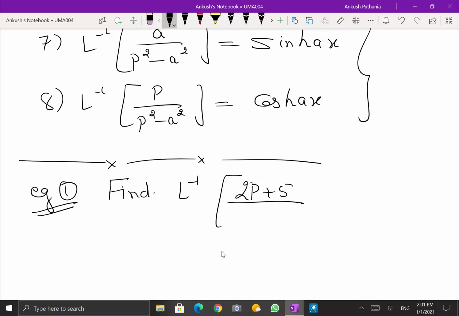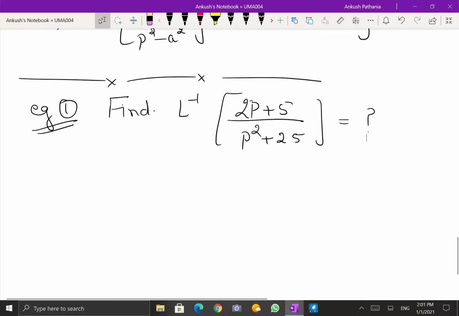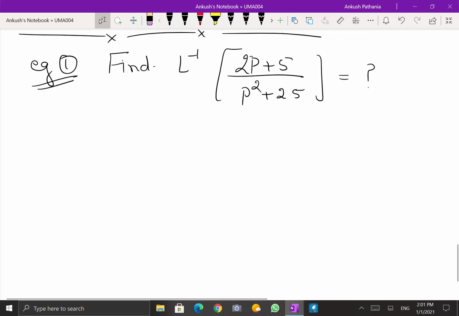Laplace inverse of 2p plus 5 upon p square plus 25. So this is what you have to find. Now in the questions of inverse, you have to think opposite to what we were doing in Laplace transform.